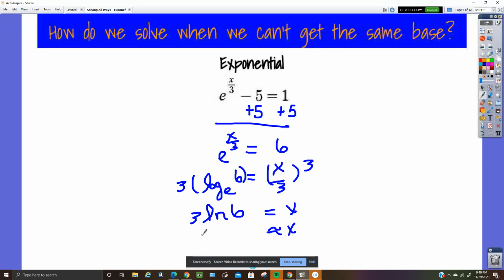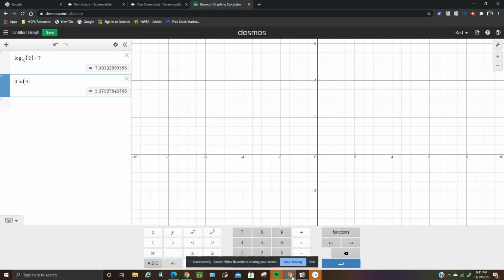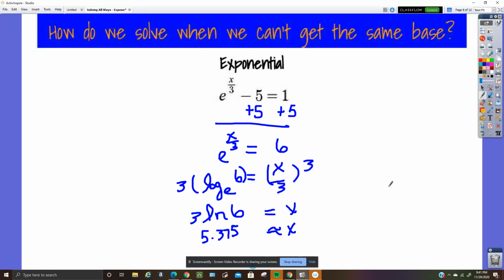And we'll tell you on an assessment how many decimal places you want to do there. So approximately 5.375. And then back here.